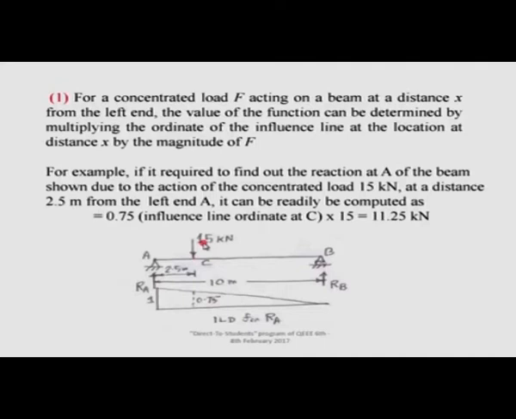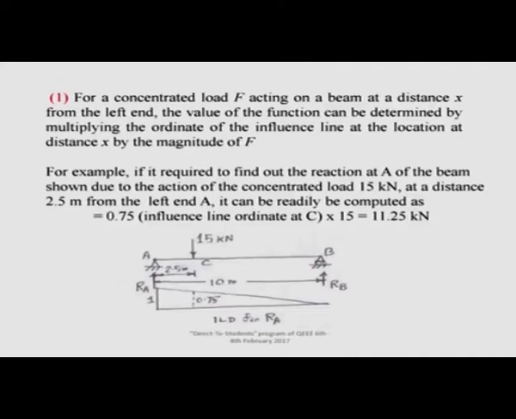So, I know now how to find it out from the influence line diagram. The influence line diagram is 1, so it is 1 multiplied by 15 here. If the load is 2.5 meter from the right end, it will be 15 into 0.25, that means 1/4 of 15, or 7.5 divided by 2. So, 3.75 is the answer.